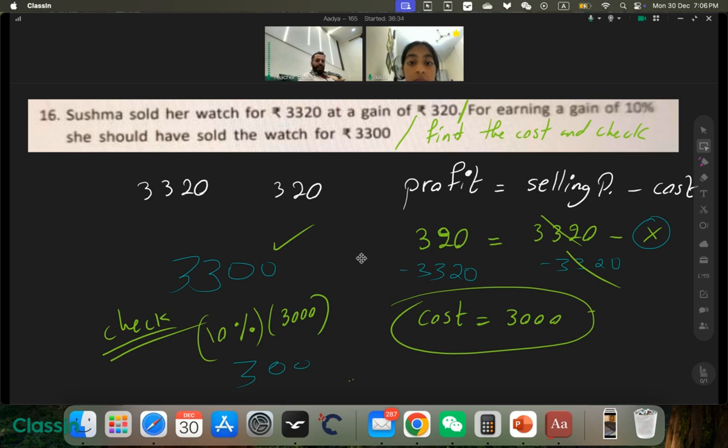Check. Okay, how do you check here? Can you explain to me what the checking method is? What am I checking for? The selling price. Yeah, so she said that she needs to sell it for 3,300. Correct.